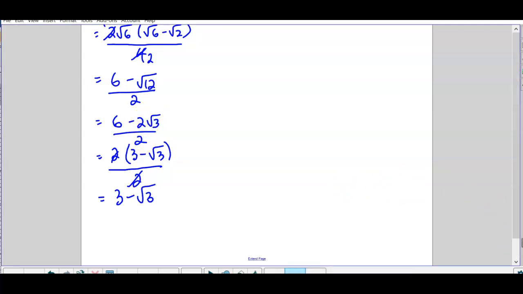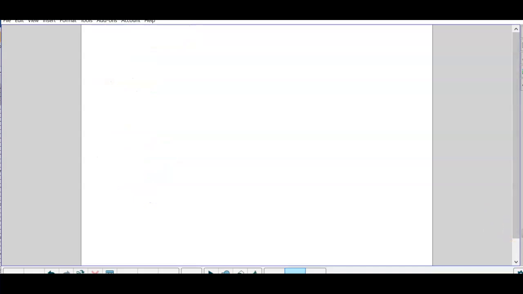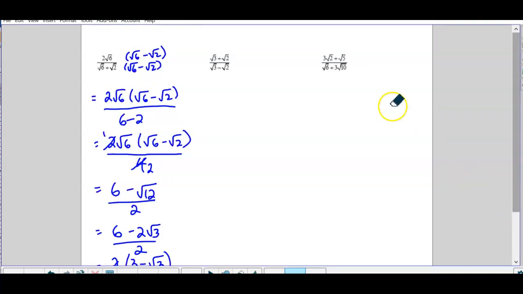Okay, next here. I guess that's it for, oh no, up top here. Sorry, I knew there was more. Okay, so here the denominator, we look for the conjugate, so root 3 plus root 2. Turns out that that happens to be what the numerator is.